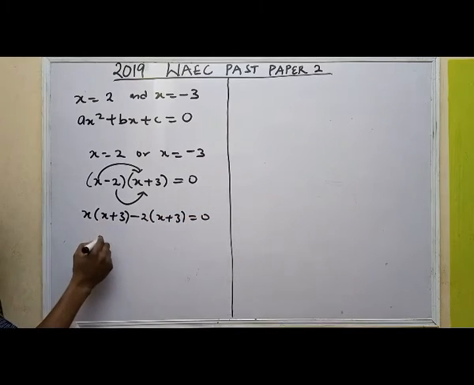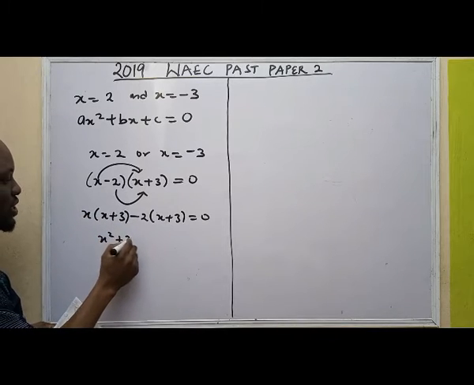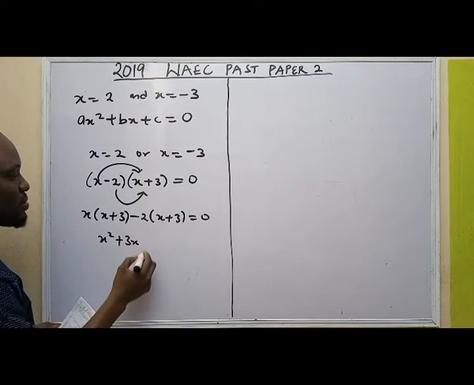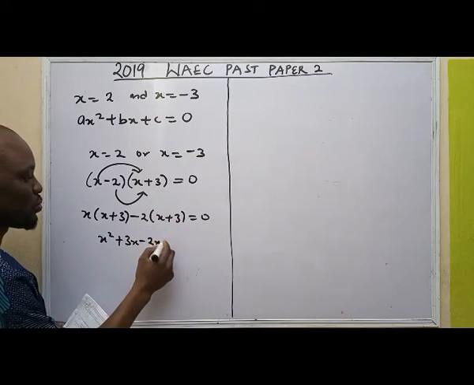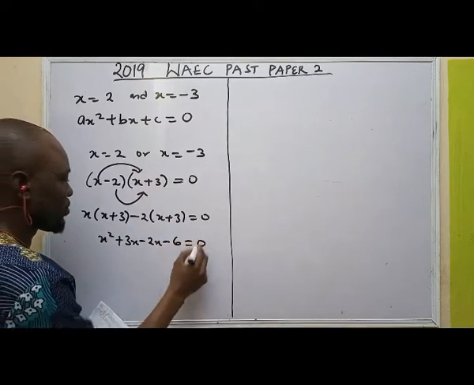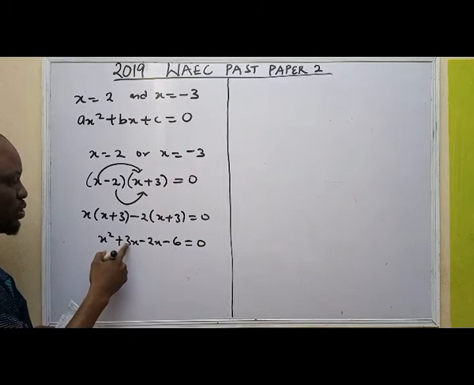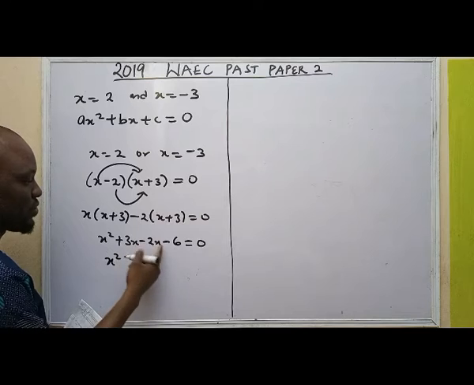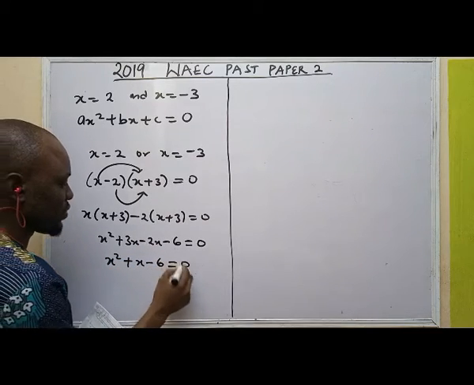So x times x is x squared. x times plus 3 will give me plus 3x. Minus 2 times x will give me minus 2x. Minus 2 times 3 will give me minus 6 equals 0. So I'm going to do x squared plus 3x minus 2x, because they are like terms. I'm going to get plus x minus 6 equals 0.